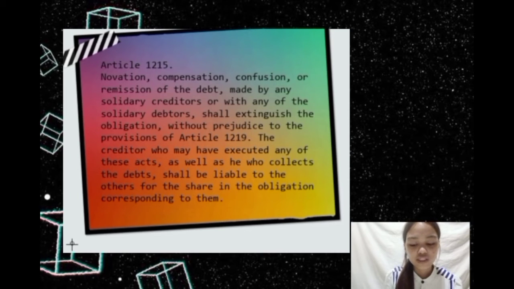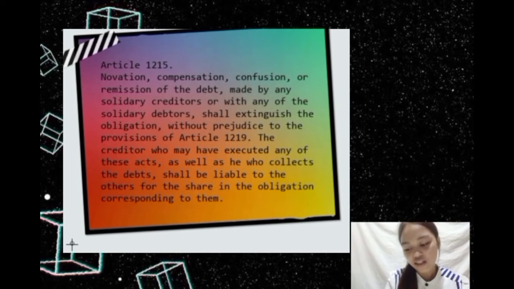So, Jad is a debtor of Kate, and also Kate is a debtor of Jad with the same total amount.